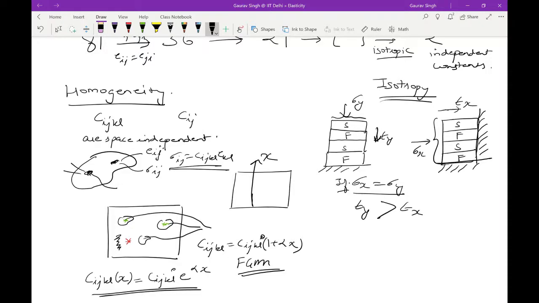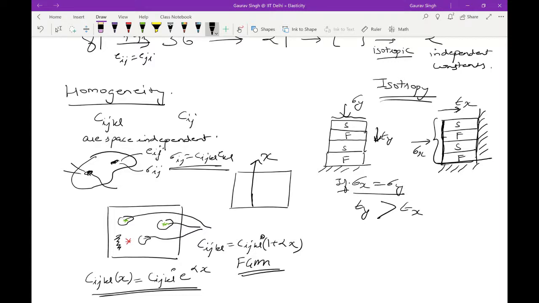Epsilon x will be lesser, because even though the foam may allow easy compression in the x direction, the steel will not allow such free compression. Since we have to consider this entire boundary, we conclude that the compression in the x direction will be less compared to y if the same magnitude of stress is applied in both cases.